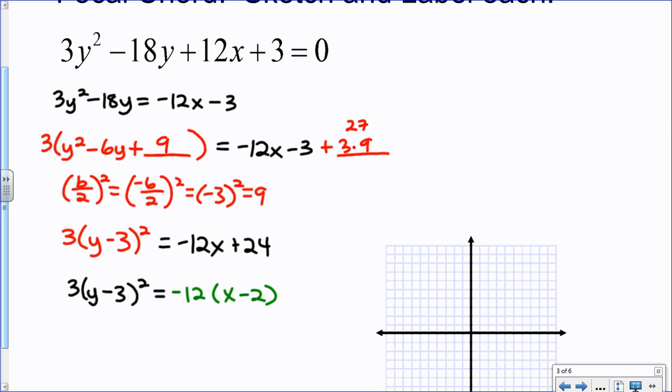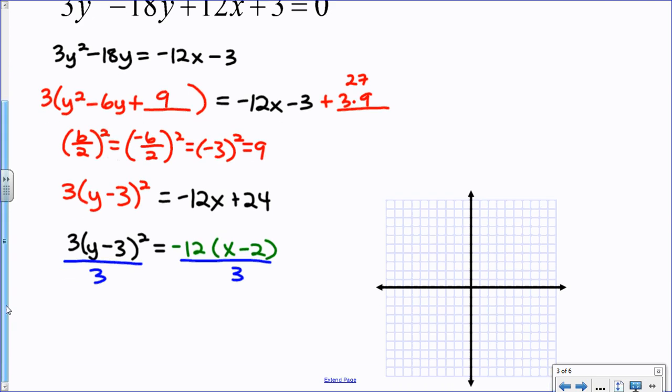This will help me identify what my vertex is. Okay, awesome. There is not a number in front of this squared term in this form. So let's divide both sides by 3. Get rid of that number out front. Okay, so that gives me y minus 3 squared.